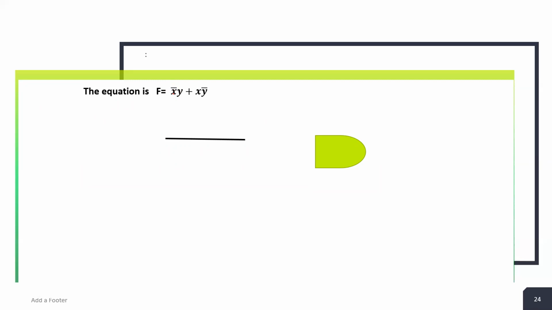It means that this is the input of a NOT gate. So take the input X and connect the NOT gate with it, and we will get X complement. Clear? And Y is a simple input, so Y is connected simply. Got it? I repeat it again. These are the two AND gates: this is one AND gate, this is another AND gate.